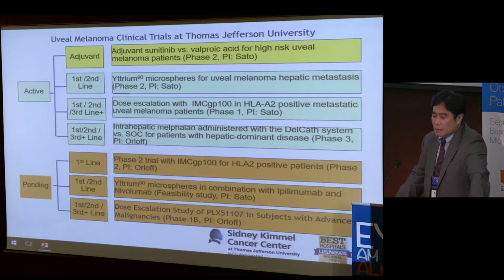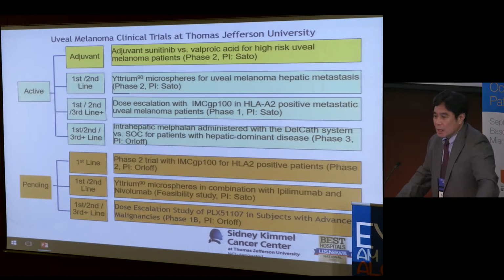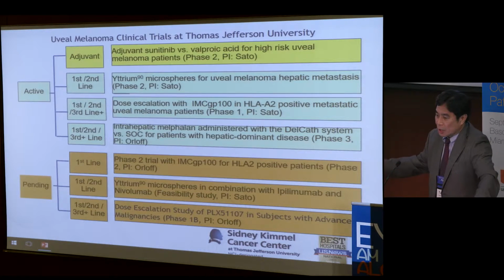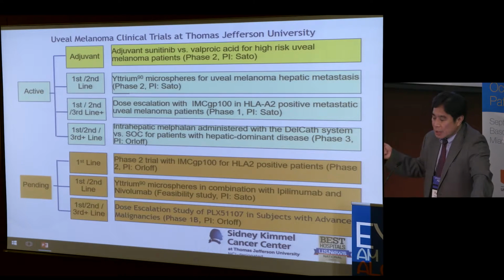Then they have to move on to either 1B or 2A, which means increasing the number in a specific cohort, for example eye melanoma, skin melanoma, colon cancer, or lung cancer, which had some signal from the animal study and phase 1A.